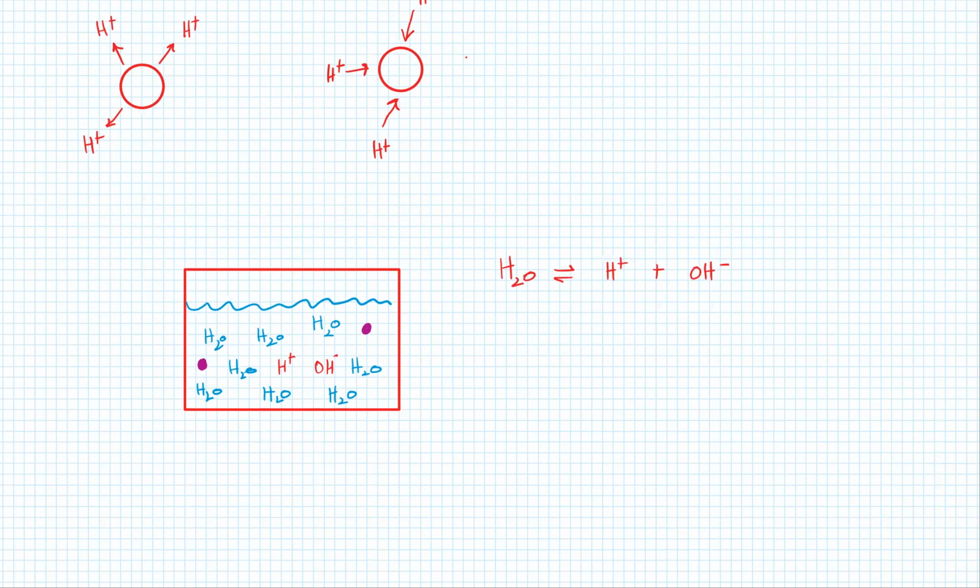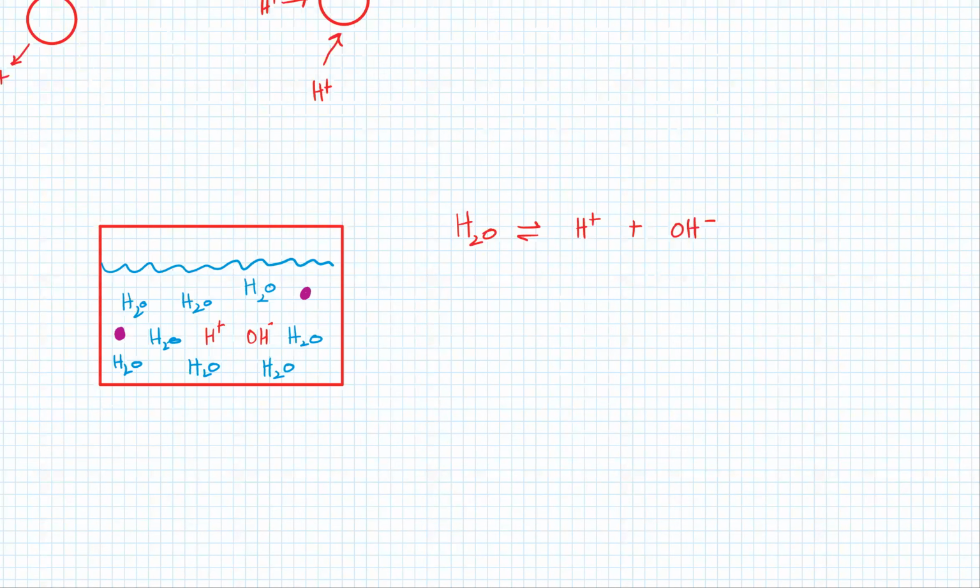Normally, they would produce H plus 1 and OH minus ions in equal quantity. So normally, if you have water, and another water molecule breaks down, another set of H plus 1 and OH minus ions gets produced. So normally, the concentration of H plus 1 ions and the concentration of OH minus ions is going to be equal.